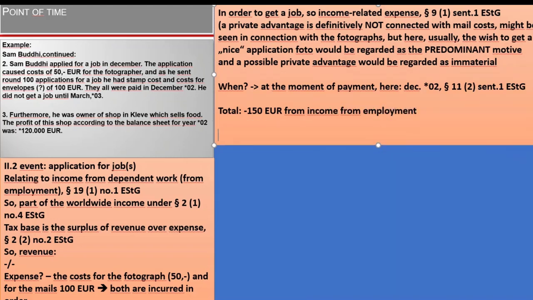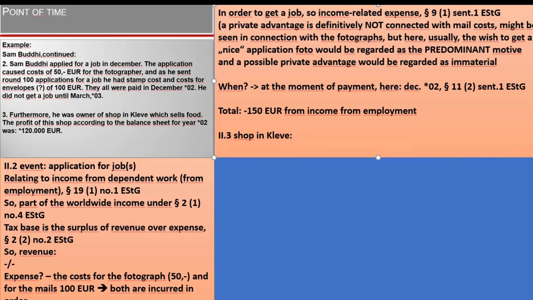And indeed, that can happen, that in a certain year you have a negative outcome concerning the income. No problem. Income from a type of income can be positive or negative. Shop in Kleve. This is income from business.